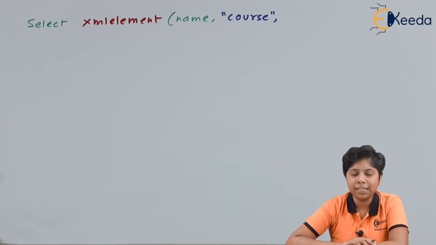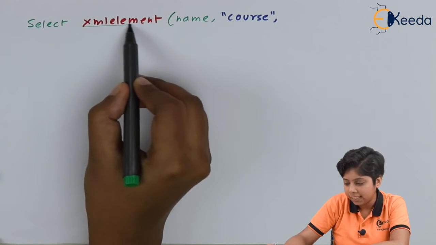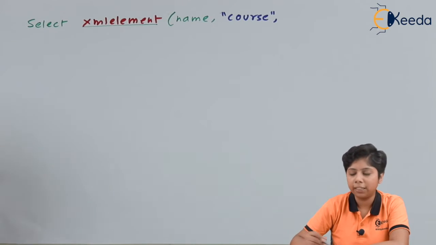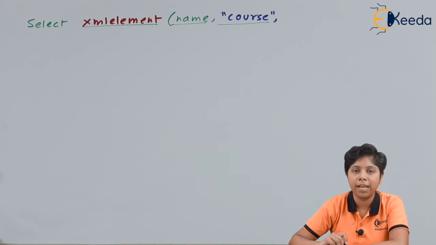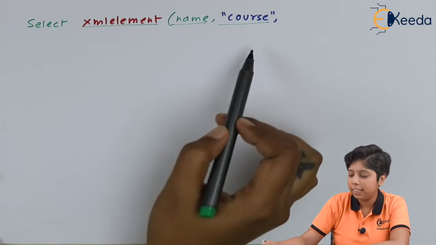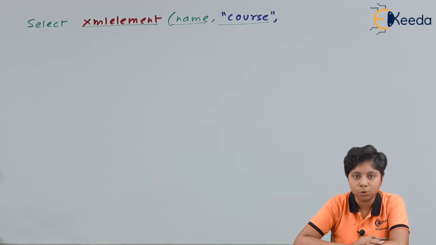Here we are creating an element course with an SQL query. We are writing select, the function XML element followed by the keyword name, then the name of the particular element, that is course. Now we will create the attributes inside an element. Obviously, we know that attributes are always attached to the elements.